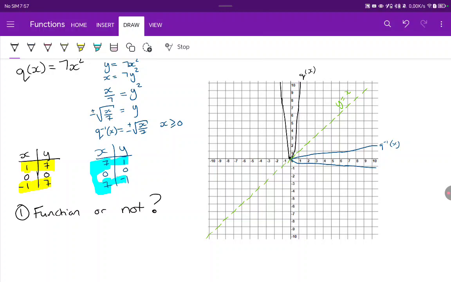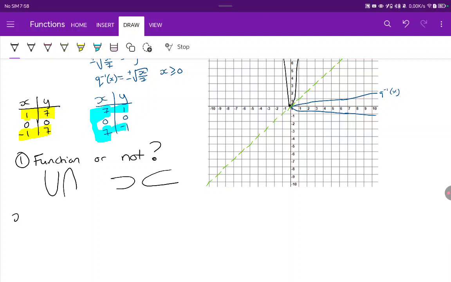And for the most part, the parabola that looks like that will be a function, and the parabola that looks like that is not a function. The second thing you need to be able to do is to make it a function.